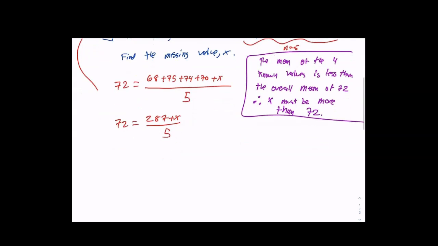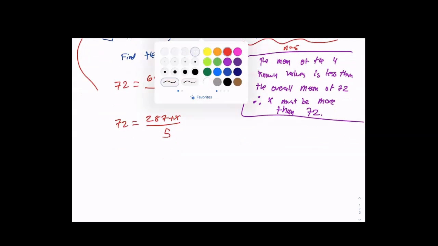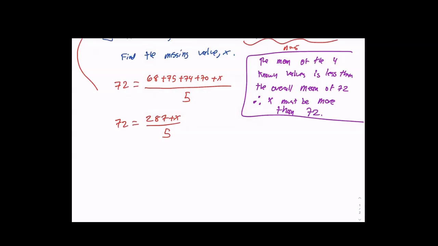Perfect. What do I do now? Divide both 5 with 5. You said it backwards. So only divide 287 for 5. No. What you said was kind of correct, but you said it backwards. Anybody want to help? What do I do in my next step? It's multiply. There we go. Multiply by 5 on both sides.